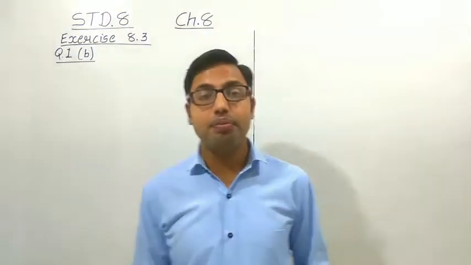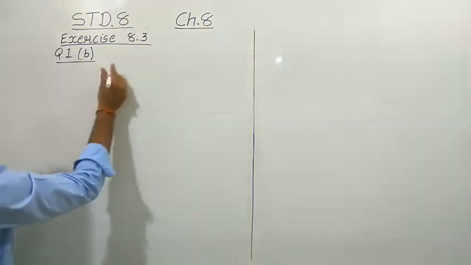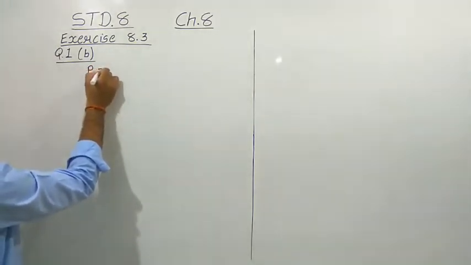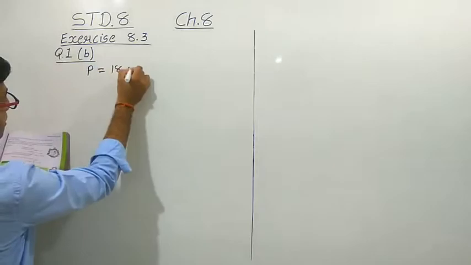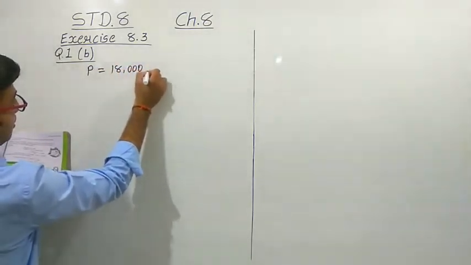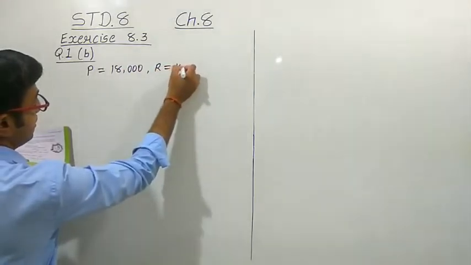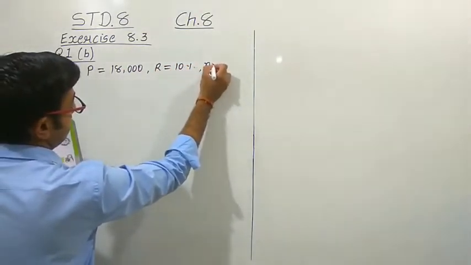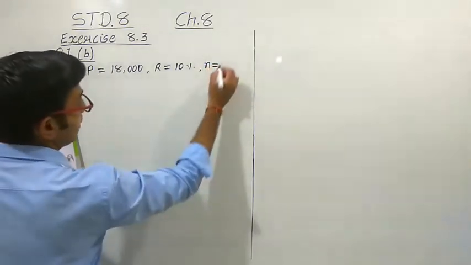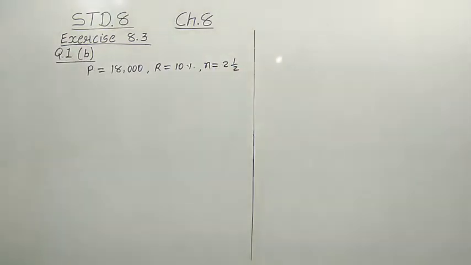and the compound interest. So here we have given the principal amount P is equals to 18,000. Rate of interest is given as a 10%, and the time duration, that is we are telling it as n, it is we have given as 2.5 years, right?